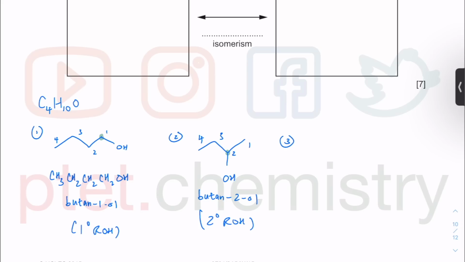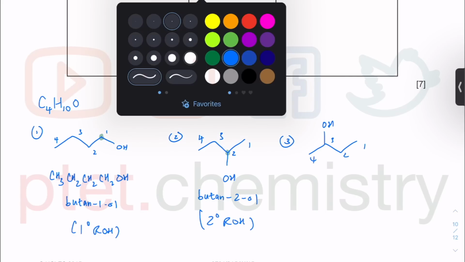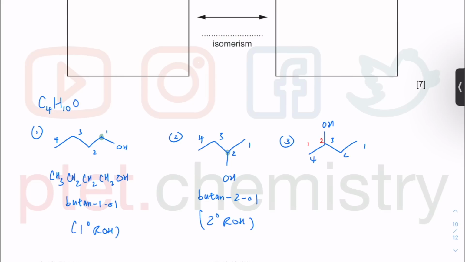For the next one, you might be thinking about numbering 1, 2, 3, 4 from the other side. But you must also consider the lowest number for the important carbon, which in this case is the carbon with the OH. 2 is smaller than 3, and that is still butan-2-ol, the same as that. So we don't consider that at all.